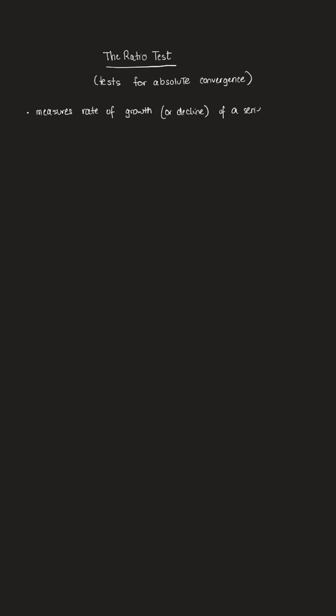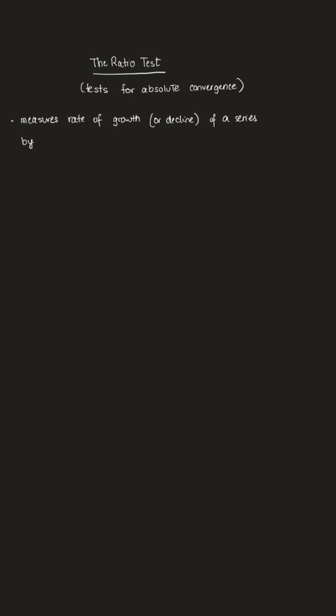And it does that specifically by examining a ratio of the n plus first term divided by the nth term. Right? So it looks at the ratio of consecutive terms down the line in a series.